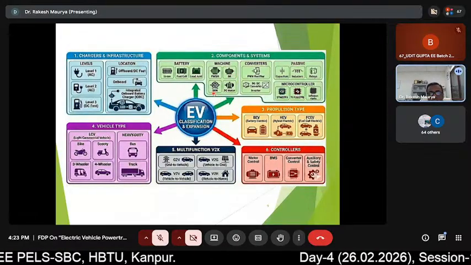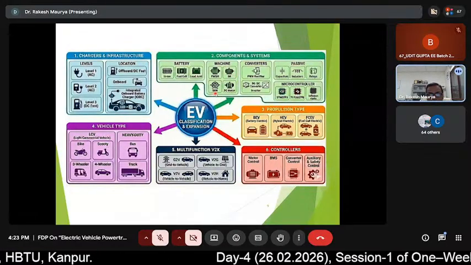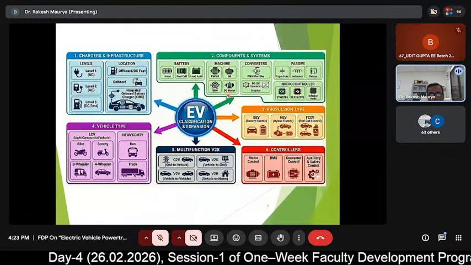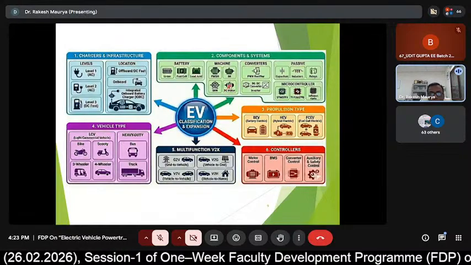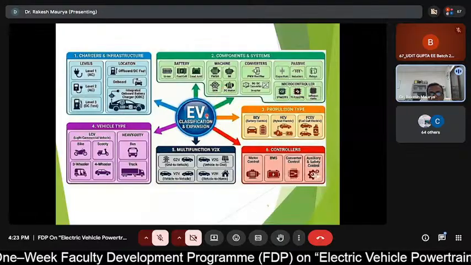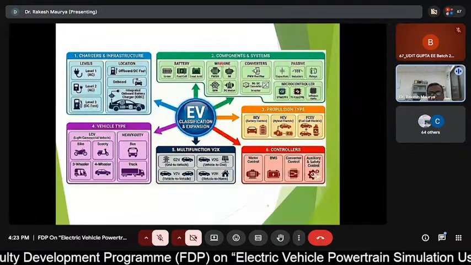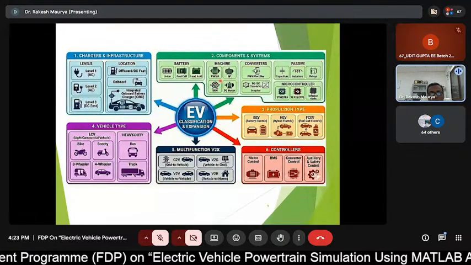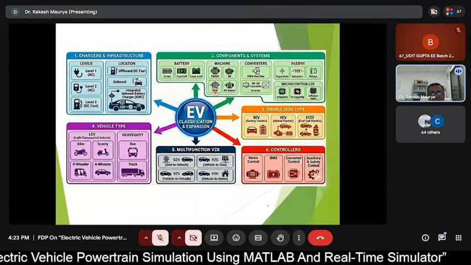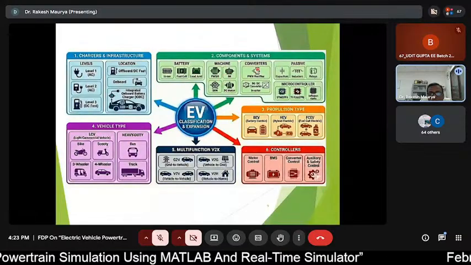Now switched reluctance motors are also becoming popular. Then a DC motor can also be used. Among the available machines, most of them require the AC supply. So we require an inverter to convert DC into AC. So that infrastructure is also required.